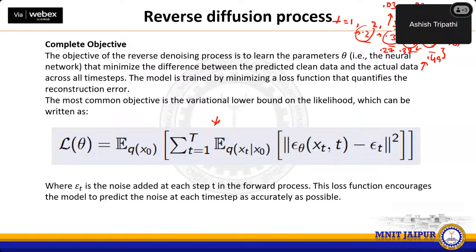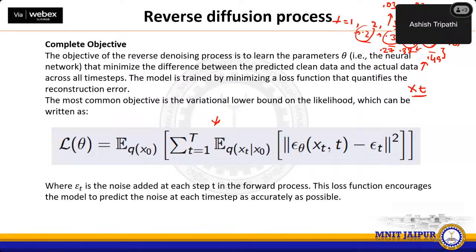In each iteration, we will have some loss. Why so? Because in each iteration, my model is predicting the value of noise that has been added at any given timestamp, that is called x of t. So in each iteration, during the reverse process, my model is going to predict the amount of noise that might have been added.